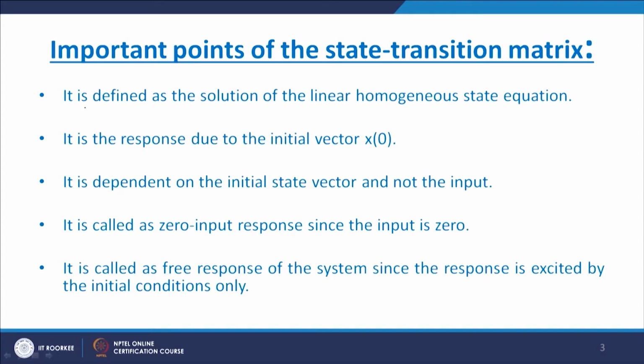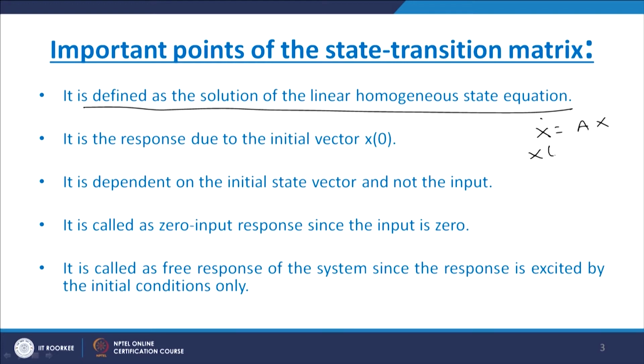The first point, it is defined as the solution of linear homogeneous state equations. We have seen last time x dot equal to ax, x of t equal to e raised to a t x naught. So, e raised to a t is called the state transition matrix and this is the homogeneous state equation.